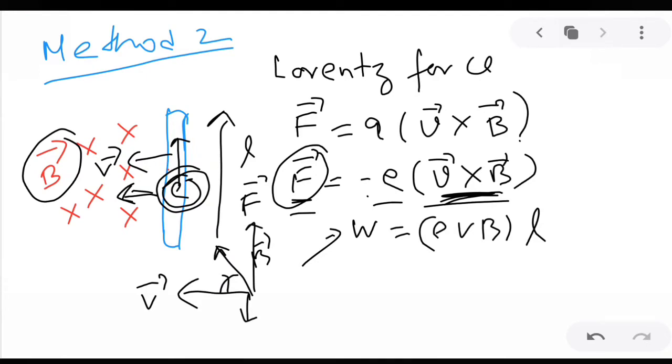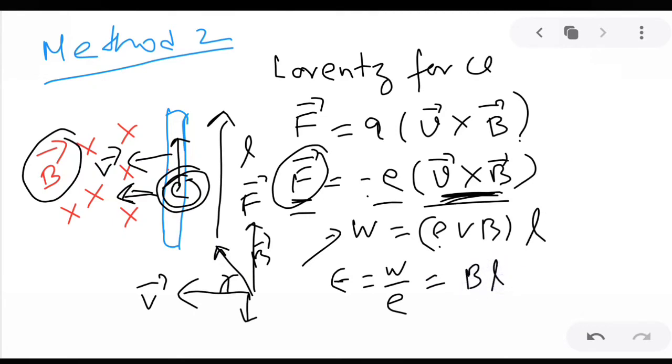Now what is EMF? EMF is work done per unit charge, because EMF is potential difference. Potential difference is work done per unit charge, isn't it? So work done per unit charge, this quantity W divided by E, is equal to how much?